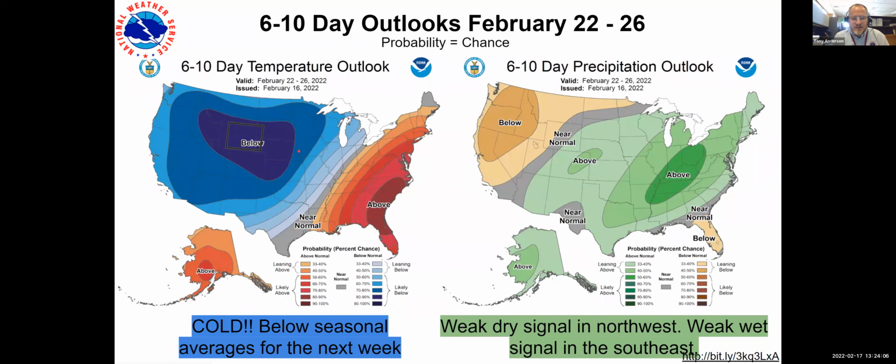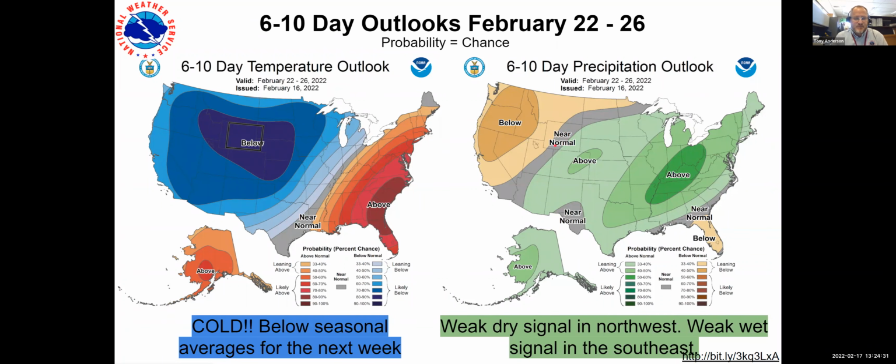The big news in the day 6 to 10 outlook is the massive Arctic air that will come into the state and linger for nearly a week. Temperatures should be well below seasonal norms, with highs in Cheyenne possibly not getting above 0 degrees. Precipitation during that time span looks to be consistent with seasonal norms.